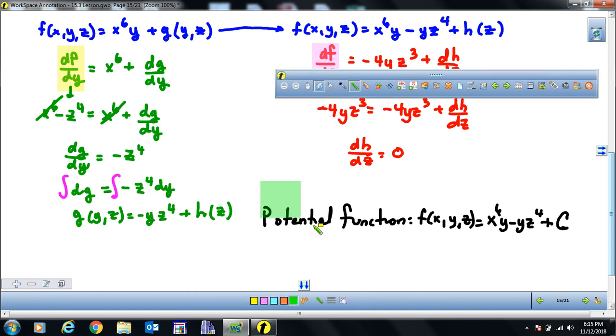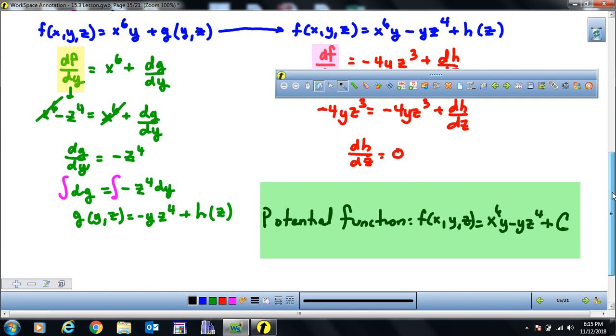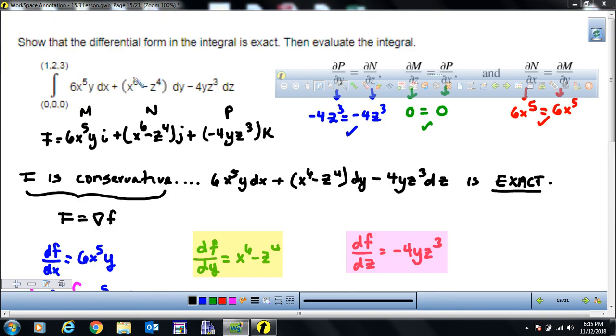And this is the potential function. You can verify that this is a potential function for that gradient field by just getting the gradient of this function. And the gradient of this function, just like I showed you before, has to give you this gradient field given on this part.